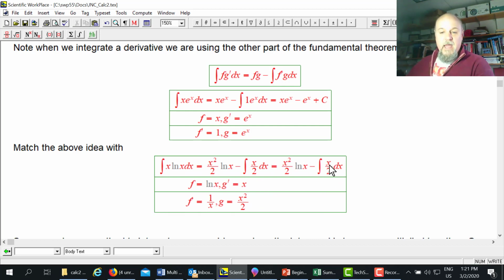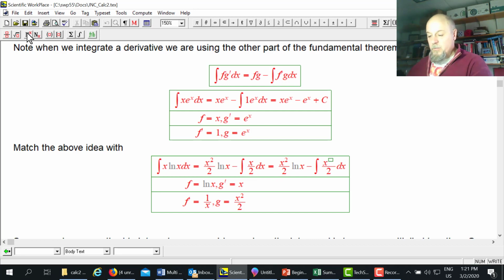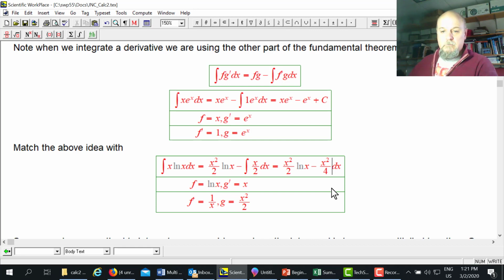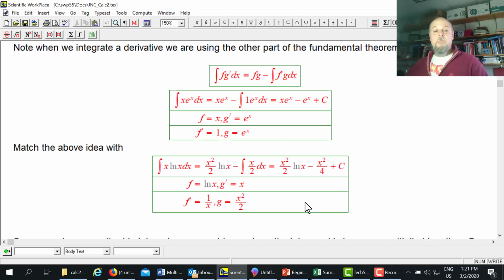If I'm integrating x over 2, that's going to be add 1 to the exponent, divide by what's up top, so this becomes a 4 on the bottom, and that's our integral, plus c, integration by parts.